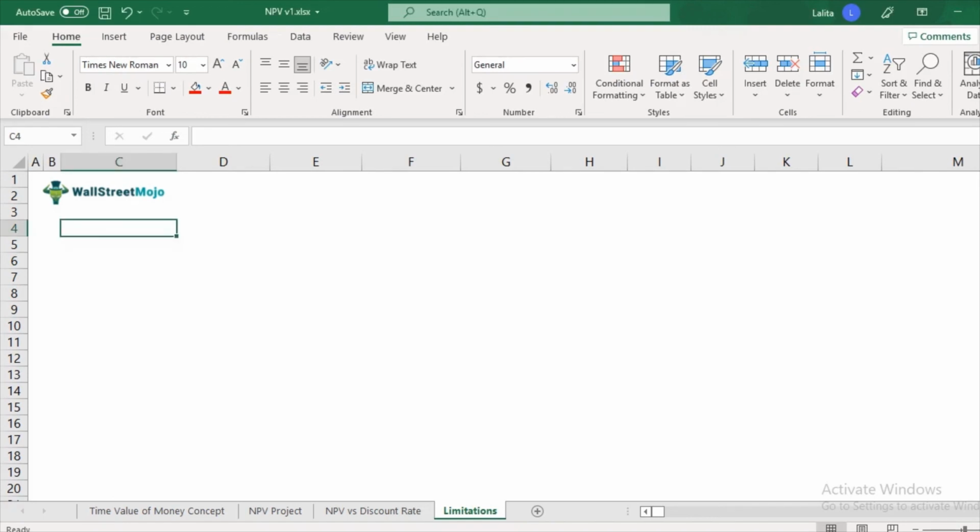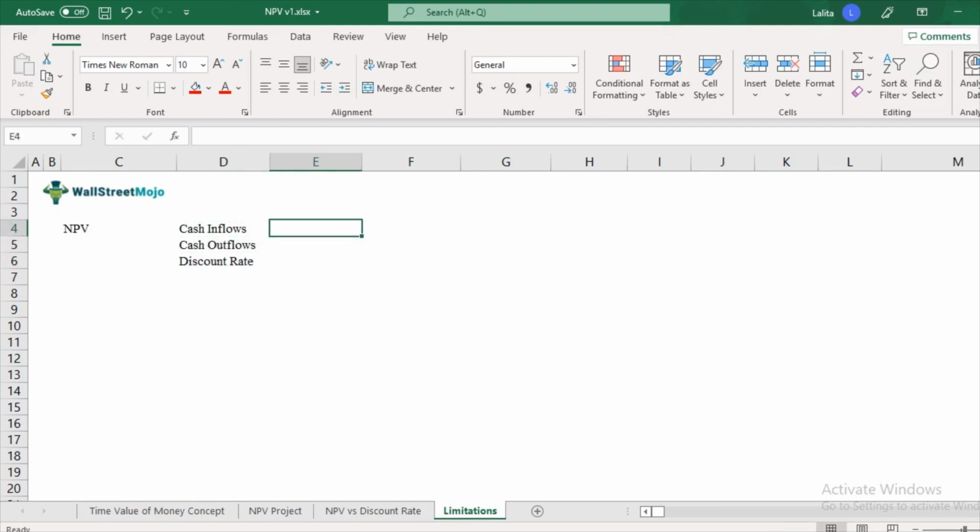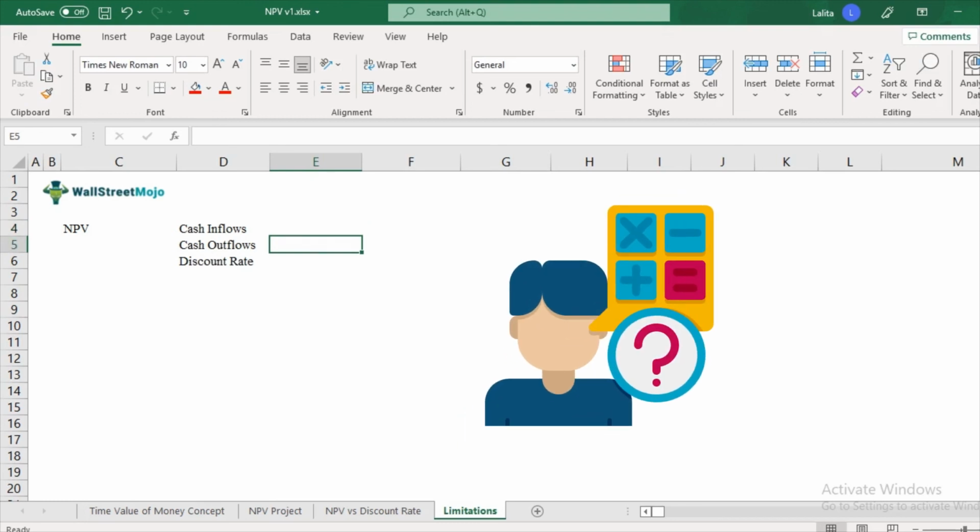Now, the limitations of NPV can be fairly understood with the help of the formula that we learned. So the formula had various inputs like the cash inflows, the cash outflows, and the discount rates, right? Basically we require these 3 inputs for calculating NPV. Now, if you look at all these 3 inputs, the only constant factor is that all of these are assumption based or estimates.